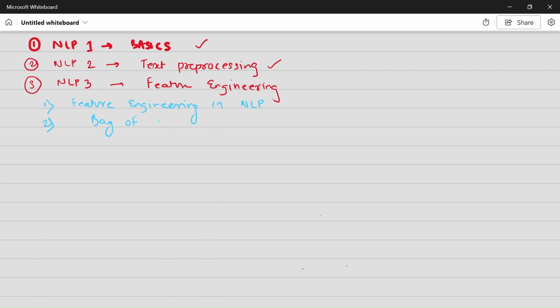It's called bag of words, also called BOW. Third is TF-IDF Vectorizer. And then fourth is n-grams. So these are the topics we are going to cover today.